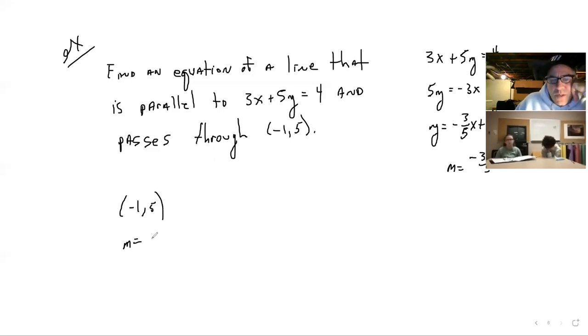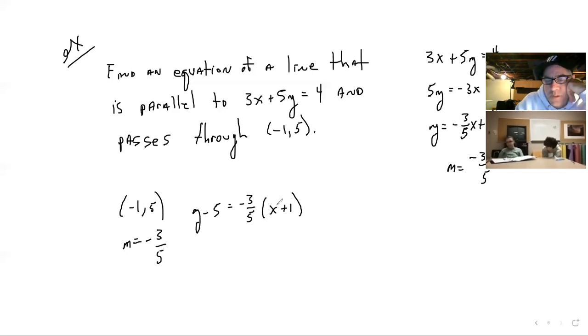So what is the slope of the line I'm looking for? -3/5. They're parallel. Then from there, I've got what I need. So y minus 5 equals -3/5 times x, and I'm going to say plus 1 because it's going to be minus a -1, so you get that double negation. Now, the problems will say put your answer either in general form or slope intercept form.